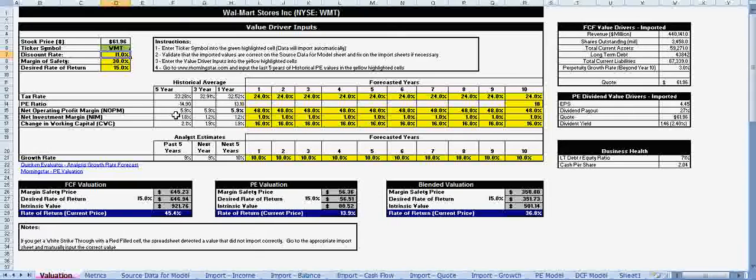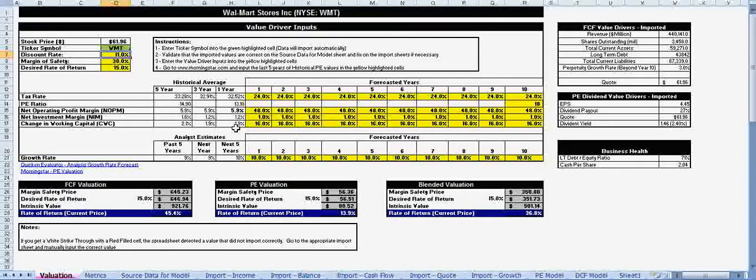It has a net operating profit of about 5.9%, net investment varying from 1.8 to 1.2, so fairly consistent there. And change of working capital is also very consistent, between 2.1 and 1.8. So this is your very predictable kind of company that you strive to find.